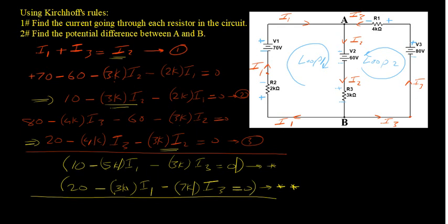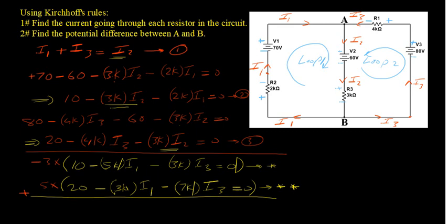So this is our target, the first current. Looking at them, I can simply multiply this one by minus 3 and multiply this one by 5 and just do the addition. Just for checking, minus 3 multiplied by minus 5 kilo ohm gives us positive 15 kilo ohm multiplied by the first current.